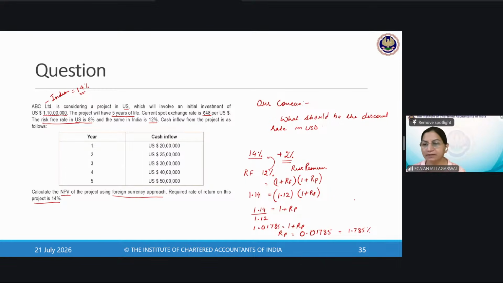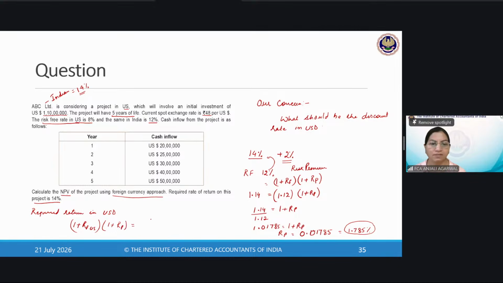Now the project is the same, so the risk premium is the same, but the risk-free rate was different. So to calculate the required return in USD, we will have 1 plus risk-free rate in US, multiplied by 1 plus risk premium.